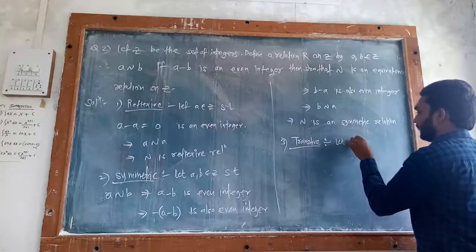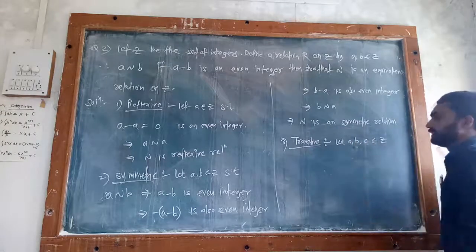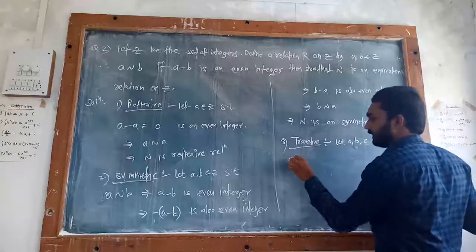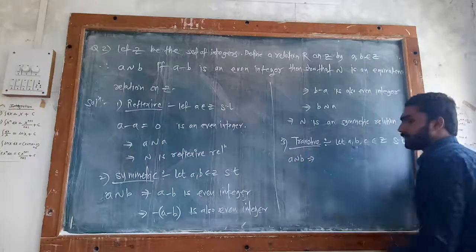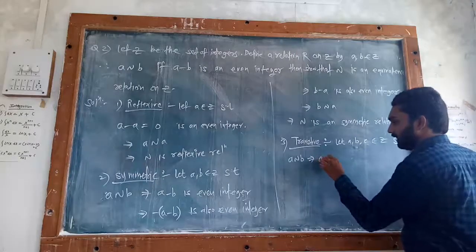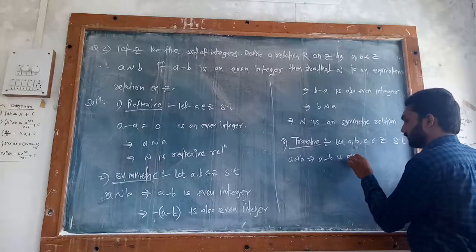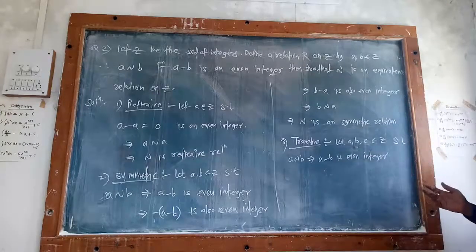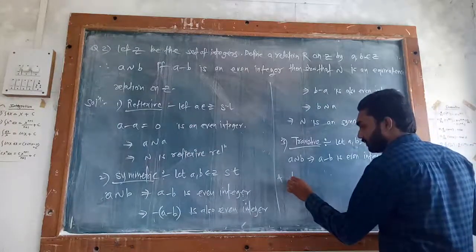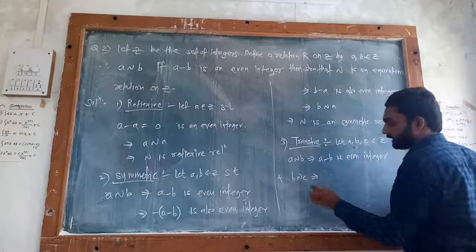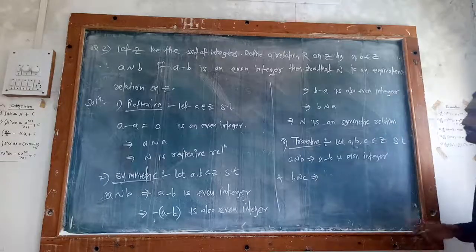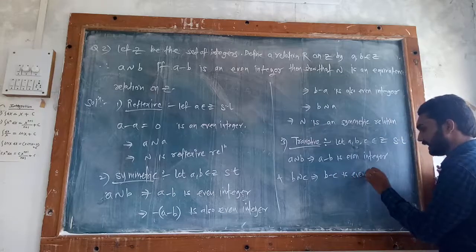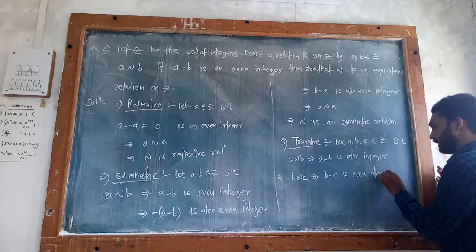Let a, b, c be integers such that a is equivalent to b, which means a minus b is an even integer. Also b is equivalent to c, which means b minus c is also an even integer.